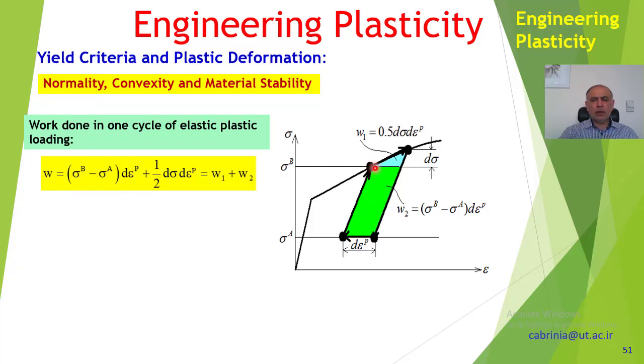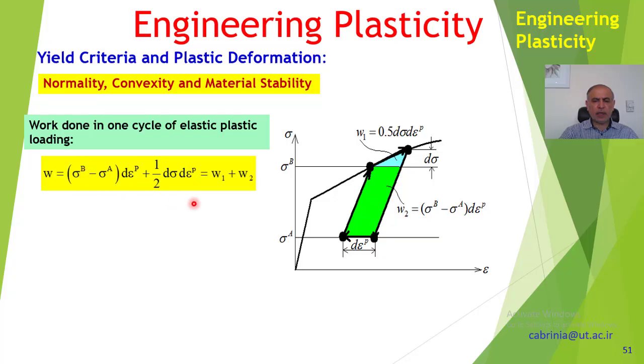And also moving further into the plastic region, we have to apply d sigma to the sigma B. So we have d sigma d epsilon P for this part. And so we could call this W1 and we call this W2.